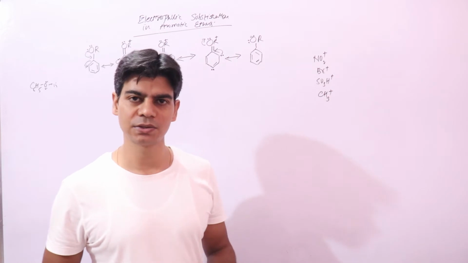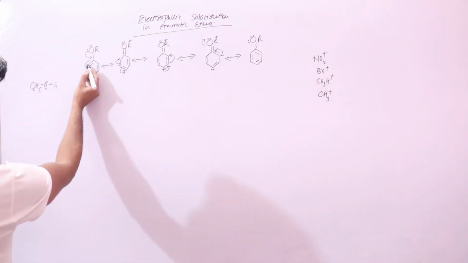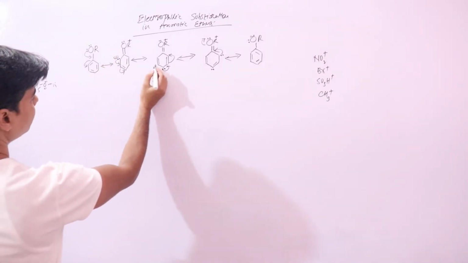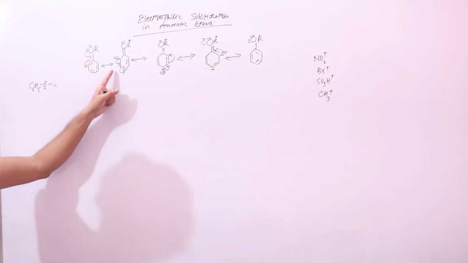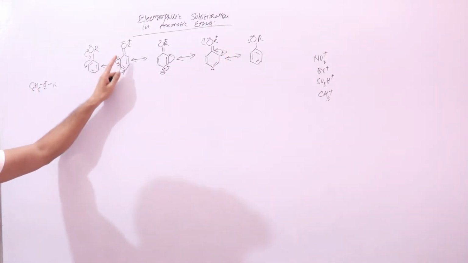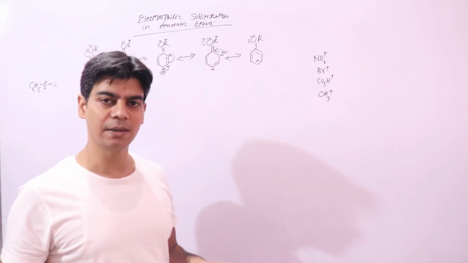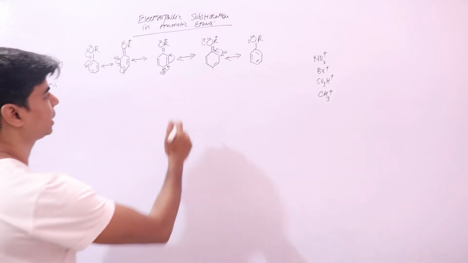You can see it is moving. First it came here, so now this is your negative site. Then it went here, this is your negative site, and it went here, this is your negative site. And we know from the study of benzene that these three sites are the ortho and para sites.